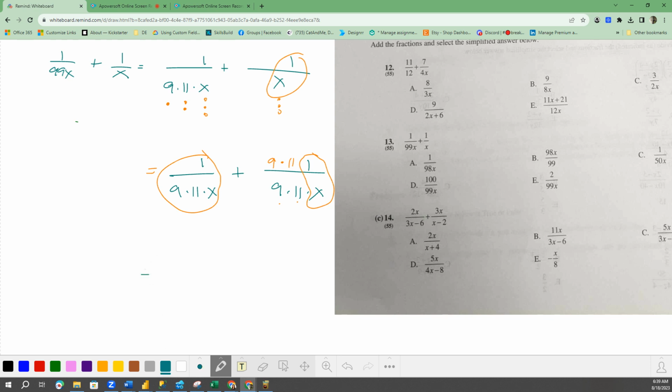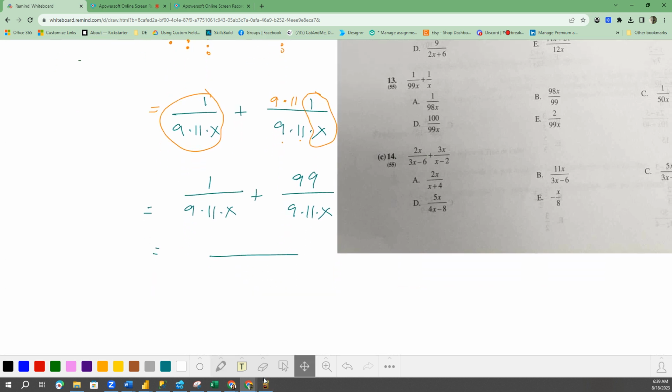All right, so now we can copy this 1 over 9 times 11 times x plus 9 times 11 is 99 over 9 times 11 times x. So now you have the same denominator. You can just copy them. So you'd have 9 times 11 times x. But you can add 1 and 99 now because they're like terms.